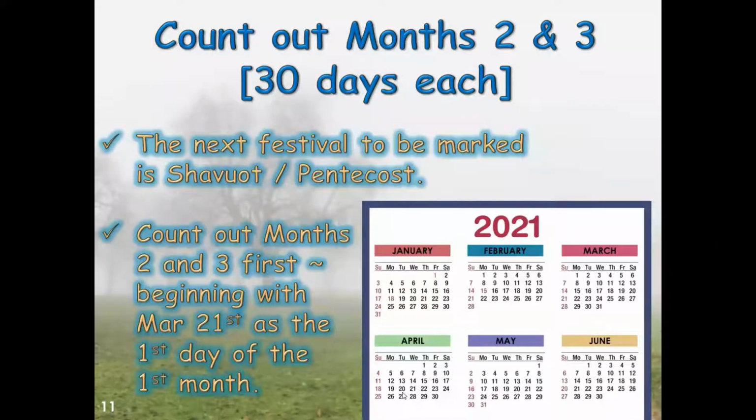Did I count the wrong? 20th of April. Yeah, you did. You have to start with March 21 as the first day of the first month. And I would do that rather than starting with Passover. That would be easier. Okay, let me go back. So Sunday, March 21 is Sunday.